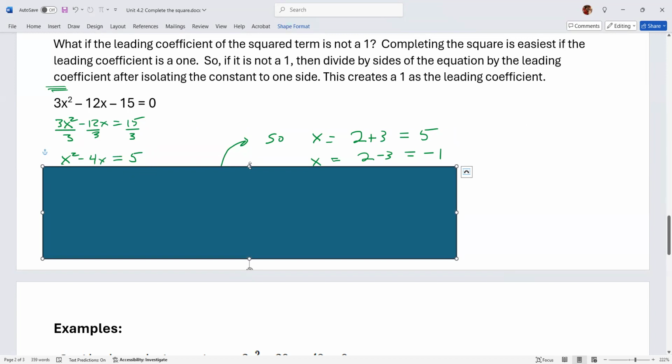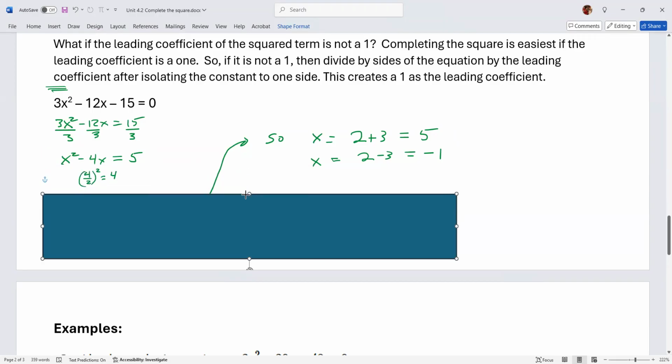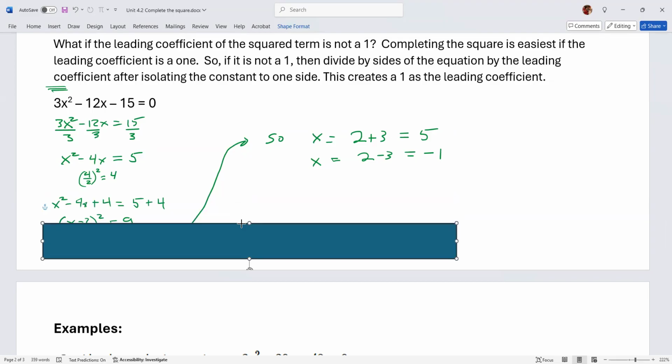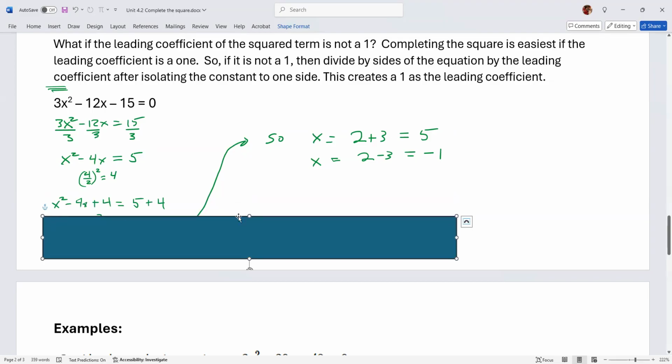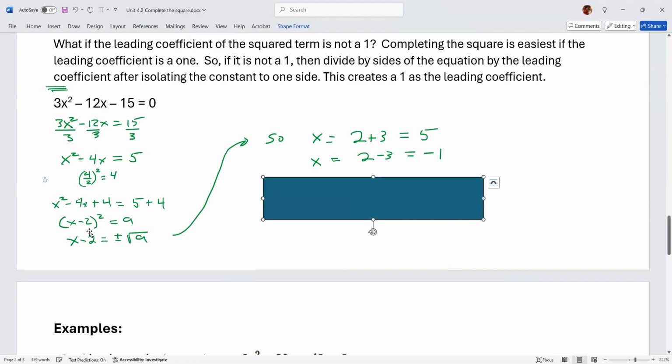And at that point, I just go as before. I'll go ahead and 4 divided by 2 is 2. 2 squared is 4. So I will add 4 to both sides. That gives me a perfect square trinomial on the left. X minus 2 squared, 5 plus 4 is 9.